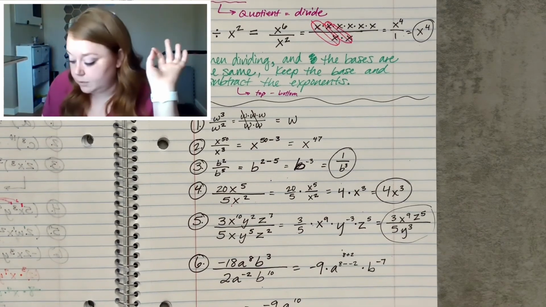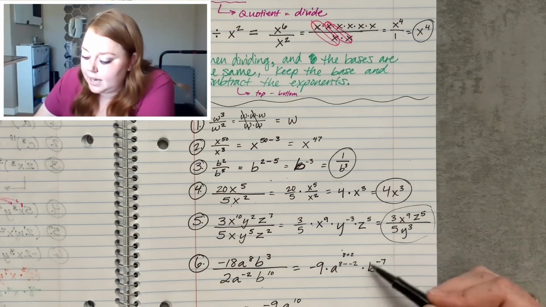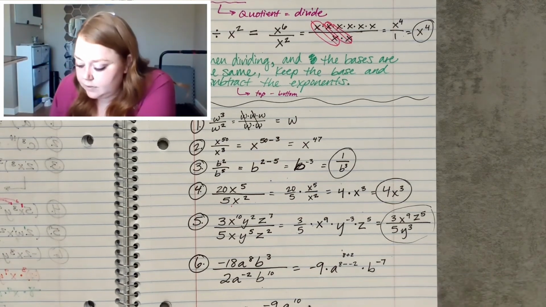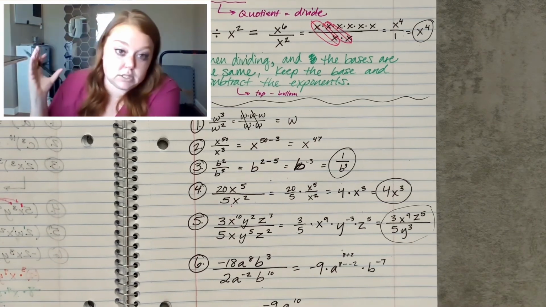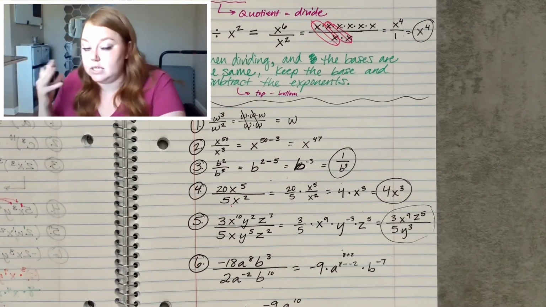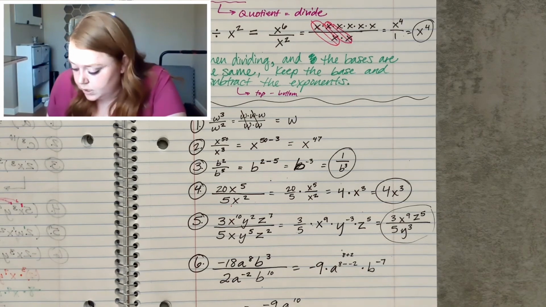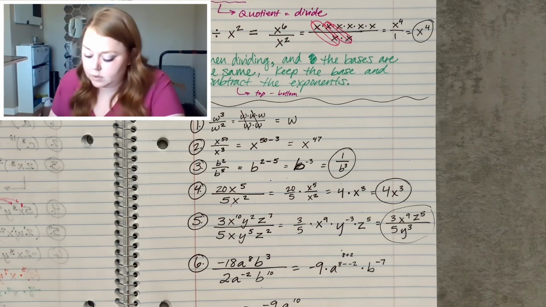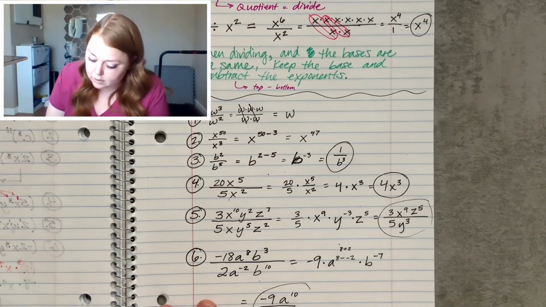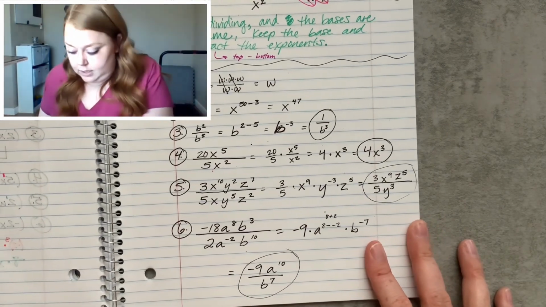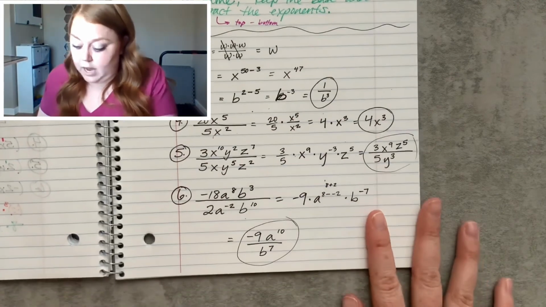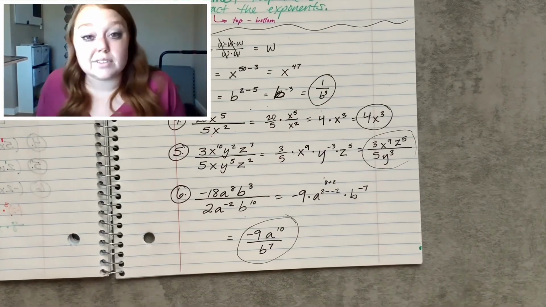Positive 10, we like it. We don't have to change it. This guy, we cannot leave it in a numerator. We have to make it become b to the 7th power. So the easiest way to do that is just put it in the denominator, b to the 7th. So this would be your final answer. Negative 9 times a to the 10th divided by b to the 7th.